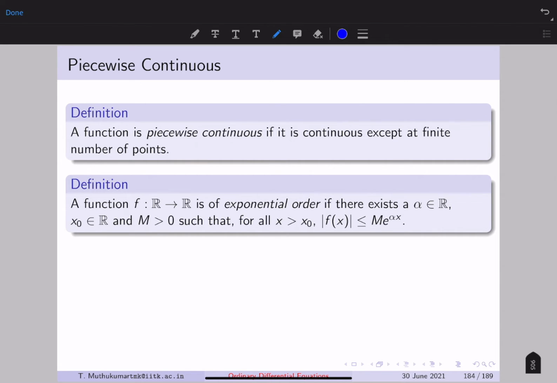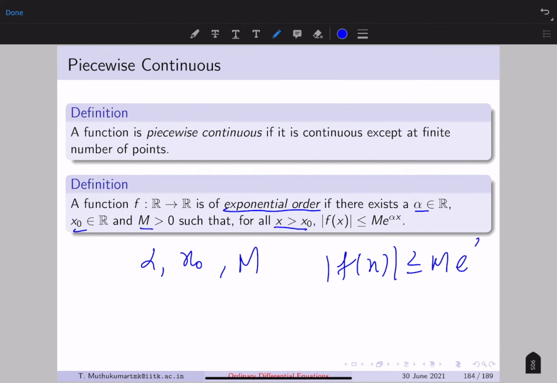Let's look at another definition, of what is called a function of exponential order. When do you say a function is of exponential order? If there exist an alpha, an x naught and an m, three quantities, such that for all x bigger than x naught, mod f of x is less than m e power alpha x.